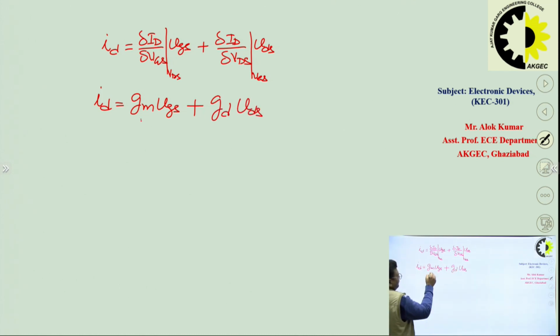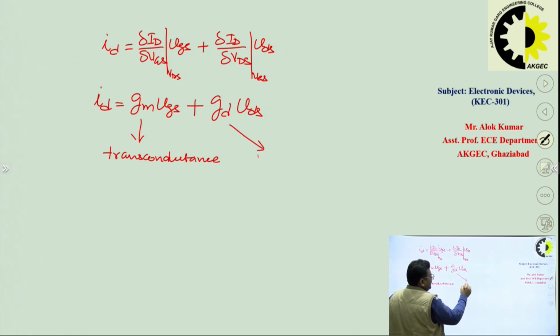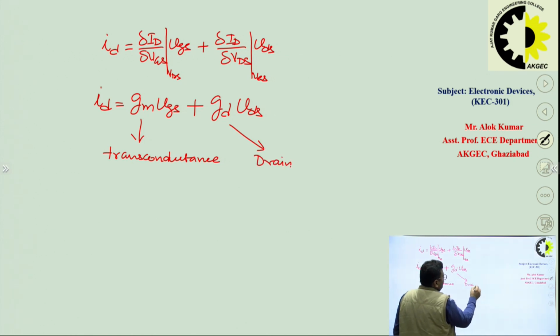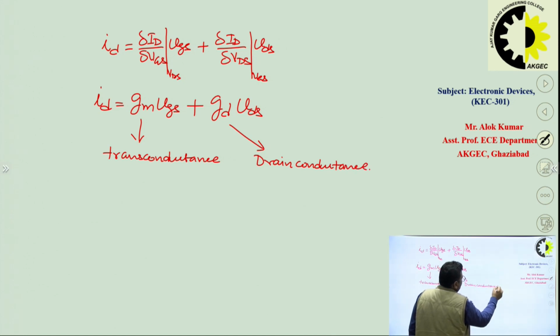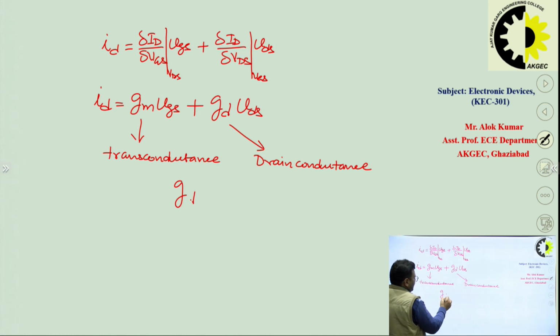What is this GM? GM is the transconductance. And what is this GD? It is the drain conductance. This GD we can write as 1 upon RD.